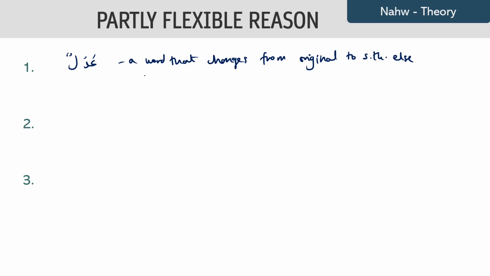An example of that is the word thulathu. So the original of this word was thalathatun, and then with time, people obviously changed the word and shortened it, and they probably made it easier to say for the Arabs.